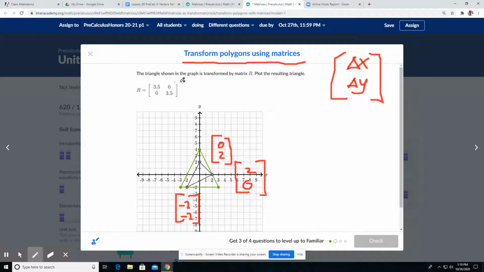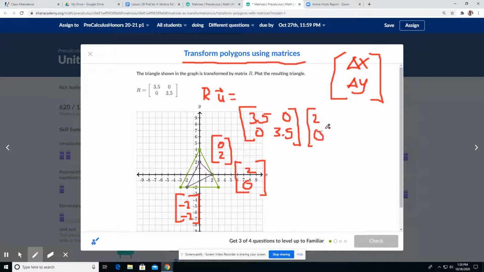R times our, I'll call it U matrix, would be, R is 3.5, 0, 0, 3.5, times this component vector, and let's just put them all together: 2, 0, 0, 2, and -2, -2.